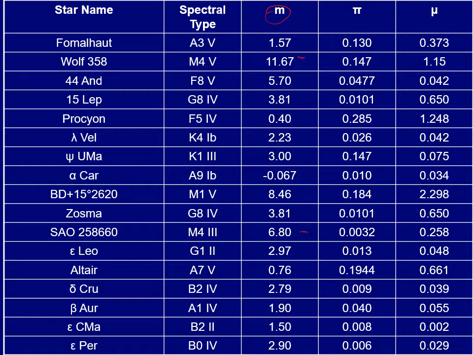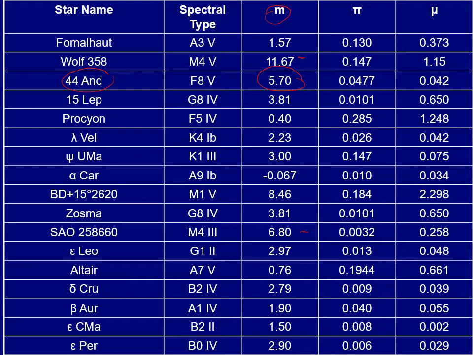The dimmest you can see is 44 Andromedae, at magnitude 5.7. The dimmest on the list is Wolf 358, magnitude 11.67, and the brightest was Alpha Carinae, at magnitude negative 0.67.